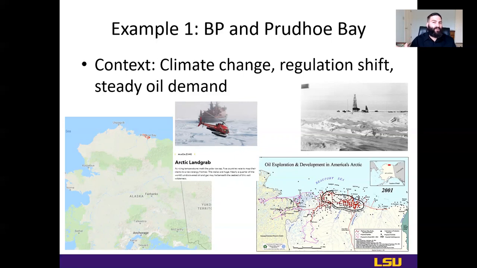Specifically because of developing nations that now need these energies. So what is this confluence of activities? What is the actual business opportunity here? There's oil that previously was too expensive to get to, that now we can get to. Regulations have changed that give us access to it. And we feel comfortable in the future that oil demand is just going to increase. So, Prudhoe Bay.